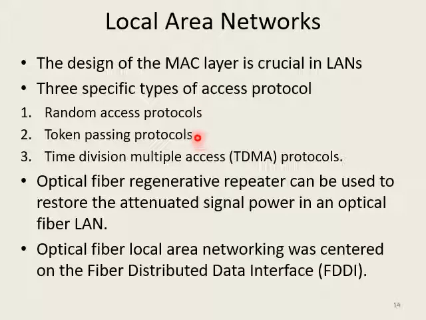Next is the token passing protocol, where if a user wants to transmit, a token is given to the ethernet unit, and it can then transmit. The next one is the time division multiple access protocol.